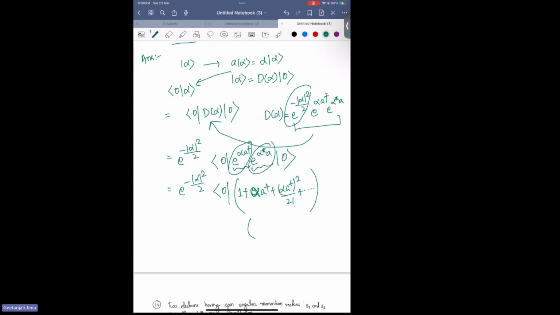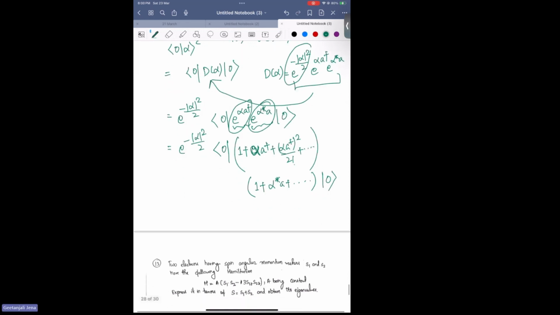And the second term you can write as 1 plus alpha star a plus alpha star a square divided by 2 factorial, acting on state 0. Now there is a dagger here, a dagger square here, a dagger cube, and there is also a here, a square here.